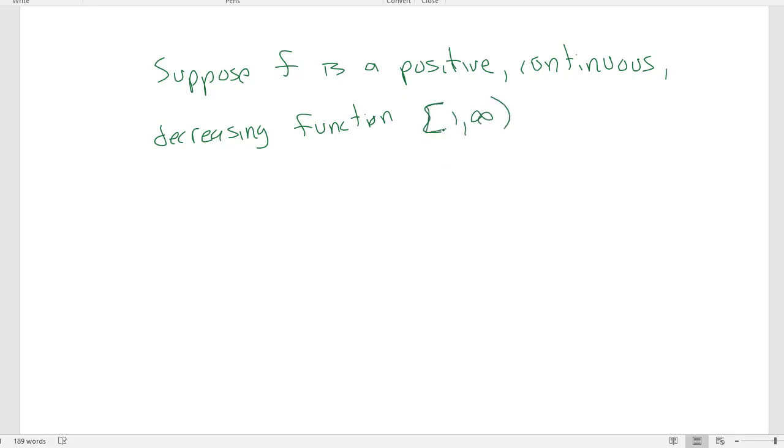Most of our series begin at n equals 1, so we'll suppose it's positive, decreasing, and continuous on that interval. And then we're going to let a sub n equal f of n.